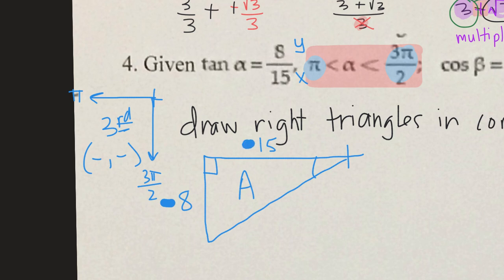You're going to have to know that because we're in the third quadrant, both of those values are negative. And when we do the Pythagorean theorem to find our missing side, we find that the hypotenuse is 17. Because we need to know all three sides in order to use our trig. So we have a third quadrant triangle where your x and your y values are negative, but your radius is not.